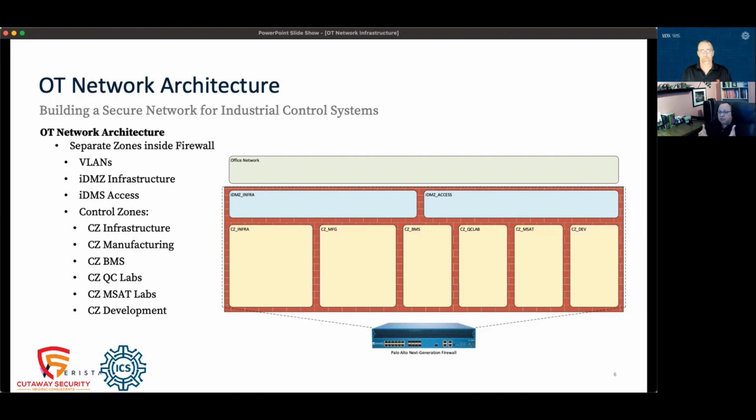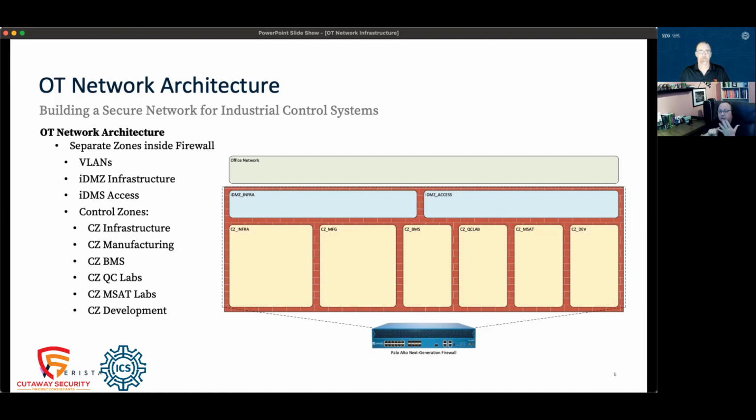Now, you'll see that this is all based on a Palo Alto next generation firewall. I'm not married to Palo Alto. It doesn't have anything to do with the brand. The next generation part is key because there's so many things you can do in here. You can see the brick walls around these zones, which means anytime you cross from one zone into another zone, you create a conduit.